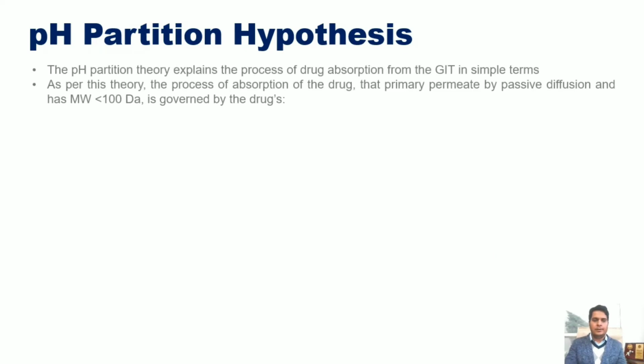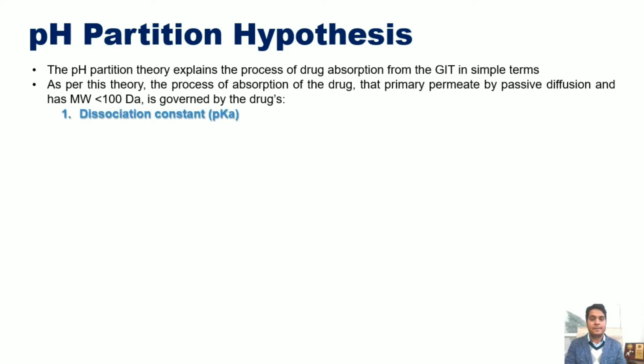So here the pH partition theory explained the process of drug absorption from the GI tract in simple terms. As per this theory, the absorption of the ionic drug that primarily permeates by passive diffusion and has molecular weight less than 100 Dalton is governed by the drug's dissociation constant, that is pKa value, lipid solubility of the unionized form of the drug, that is log P value, and pH at the absorption site.